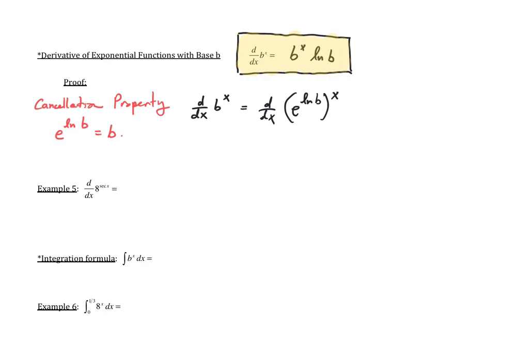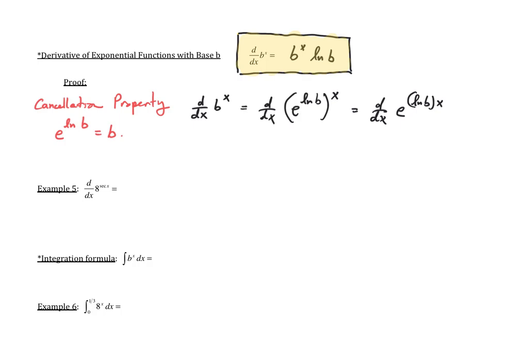And remember, we had the third law of exponents, which says that when you have a power to a power, you multiply the exponents together. So this is just going to be the same as the derivative of e to the natural log of b times x, like this.